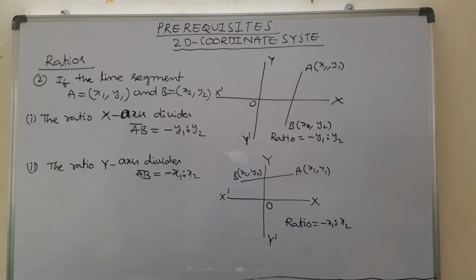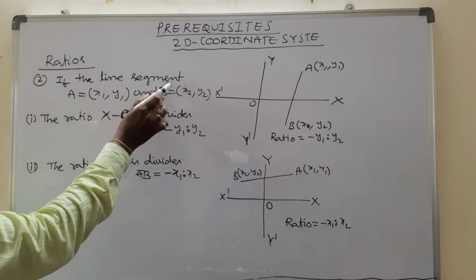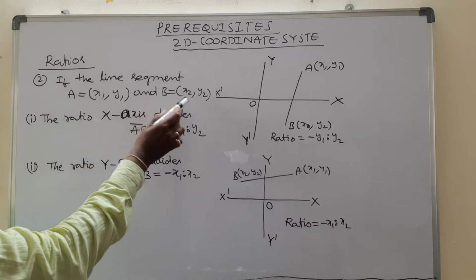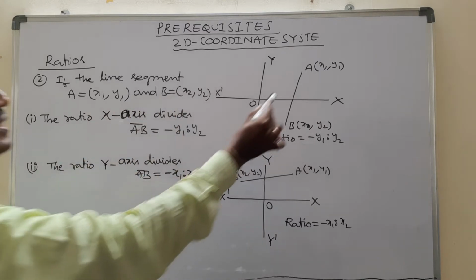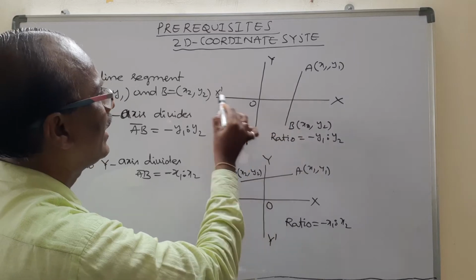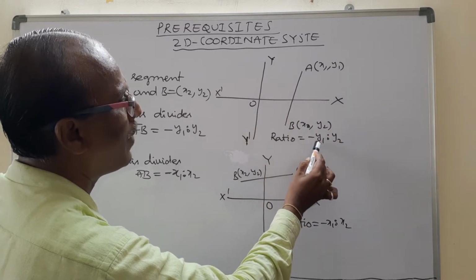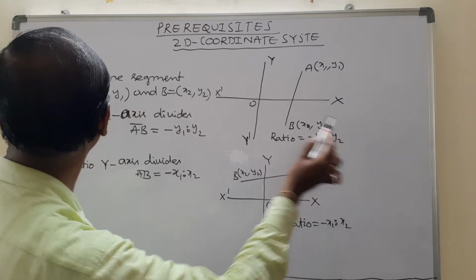Next, we discuss ratios. If the line segment AB, with A (x1, y1) and B (x2, y2), is divided by the x-axis, then the ratio is minus y1 is to y2.